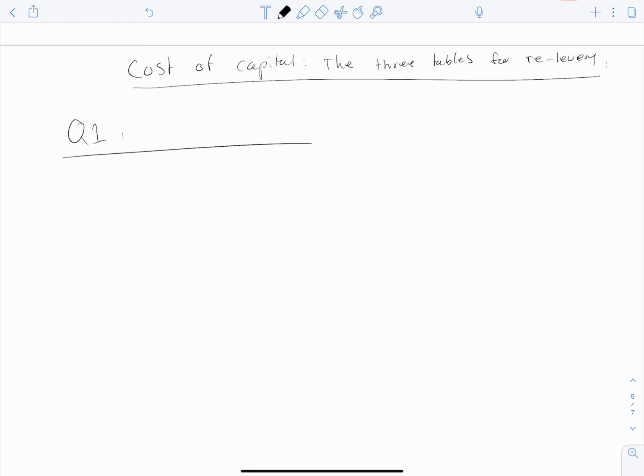In question 1, it says, if ABC is debt financed with 2 billion DKK that is held constant over time, what is the value of ABC? The information given in this question is that debt is equal to 2 billion DKK.